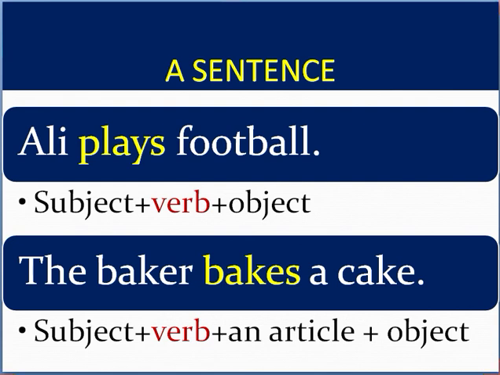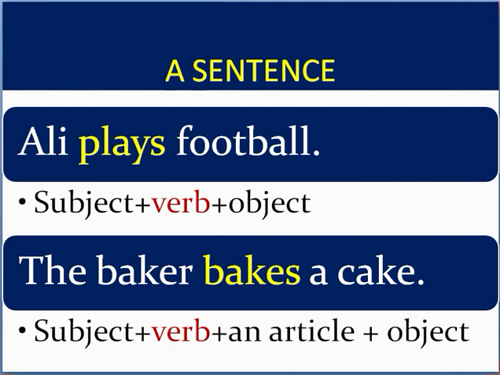Ali plays football. Ali is a noun or subject, plays is a verb, and football is another noun, or we can say object. In sentence number 2, the baker bakes a cake.